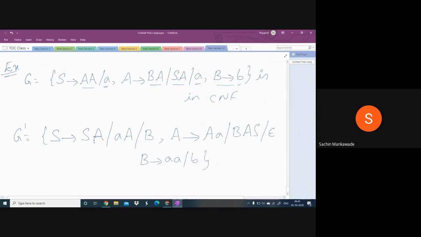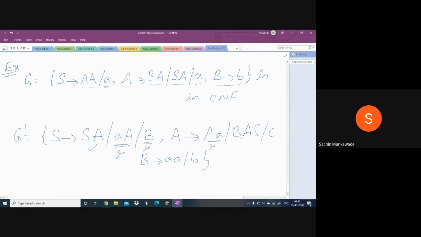Here, S derives SA. This is okay because these two are non-terminals. But look at this. Here we have two symbols, but one is a terminal and the other is a non-terminal. No, either both should be non-terminals or it should be a single terminal. And here it is a single symbol, but that single symbol should be a terminal, whereas this is a non-terminal. This is not. And here non-terminal, terminal, no.